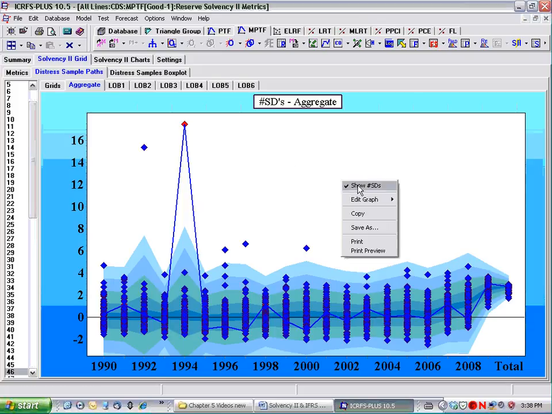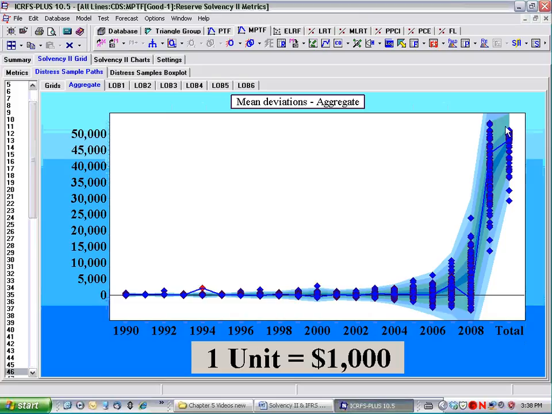If you look at it in terms of really what are the values, well, you know, you've got to reach around, in aggregate, you've got to reach around the 50. Now these are mean deviations.